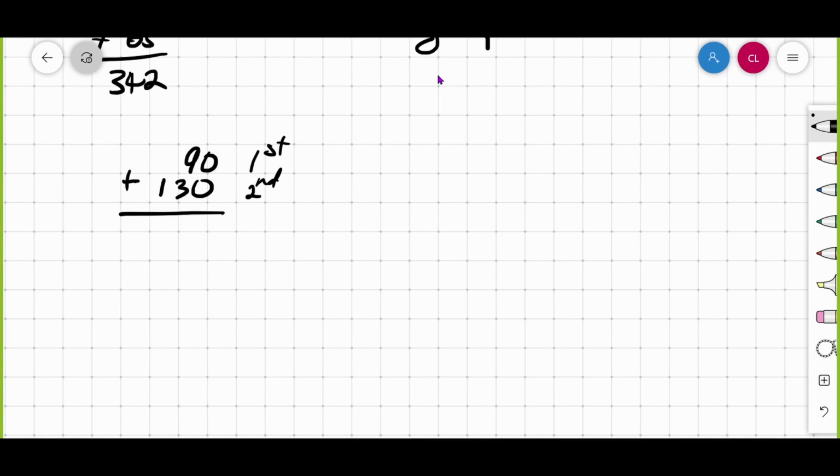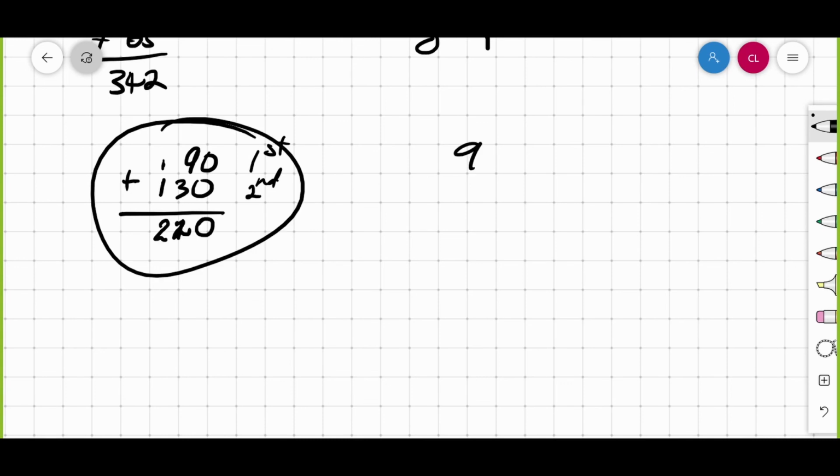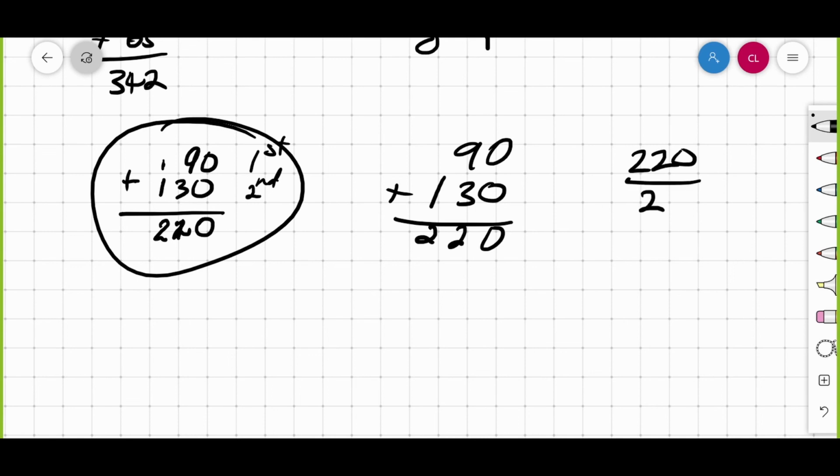When we add these we get 220. So if we have 220 and we divide that by the 2 games, what do we get per game?